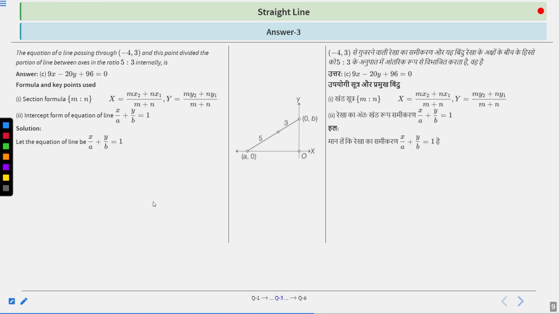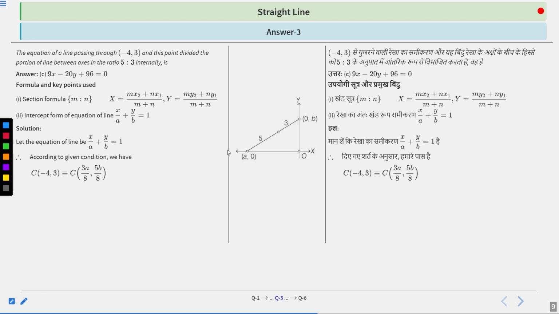Let the equation of the line be x by a plus y by b is equal to 1. According to the given condition, we have point C as (-4, 3). In intercept form, the x-intercept point will be (a, 0) and the y-intercept point will be (0, b).